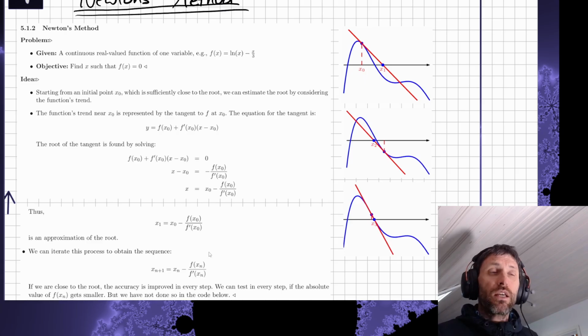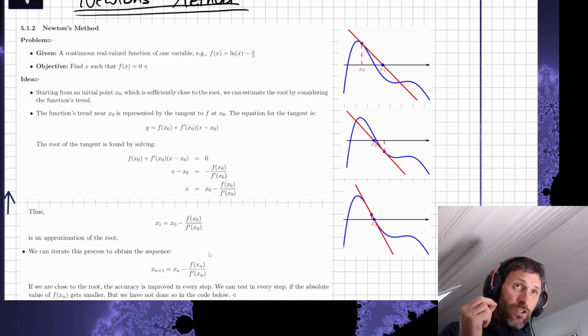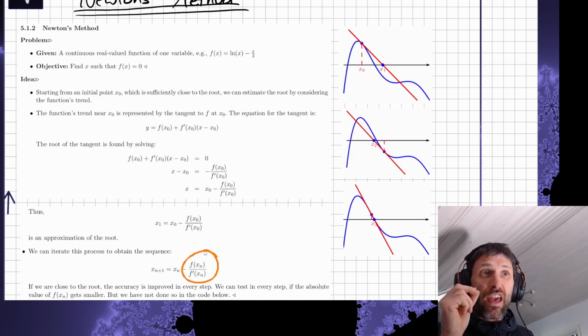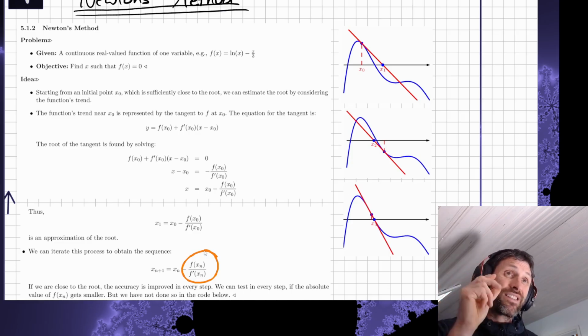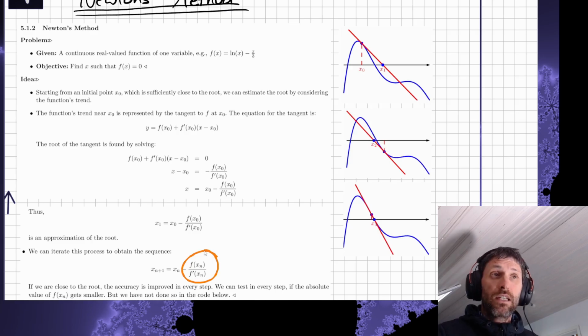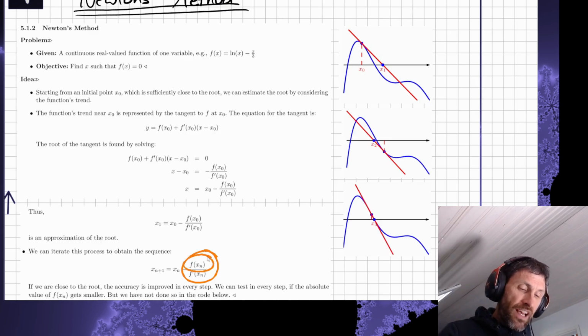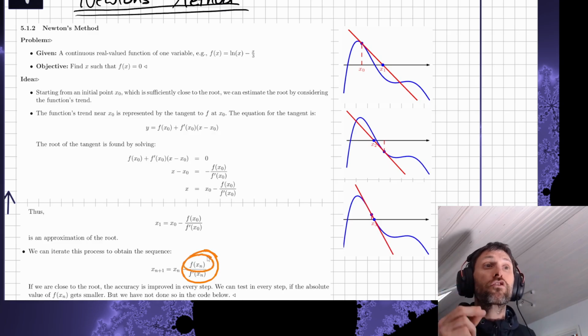If you awake me at midnight and ask me for the Newton iteration formula, it is not so hard for me to remember, but it's hard for me to remember if f is the numerator or the denominator, or the other way round. But it's not so hard, because if f of xn is 0, then we have the root, and then we will stay forever at the root.